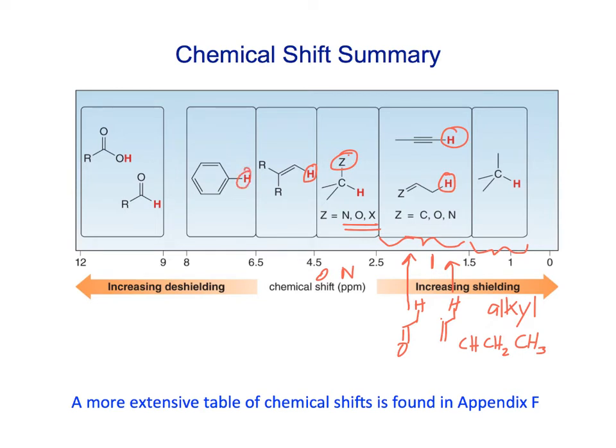Then we have protons on benzene rings. And then at the far downfield, there's an aldehyde and a carboxylic acid. Aldehydes are usually in the 9 to 10. Carboxylic acids more like 10 to 12. And carboxylic acids, even like in the IR, that OH is oftentimes kind of broad, whereas the aldehyde signal would be sharp because it's bound to a carbon.